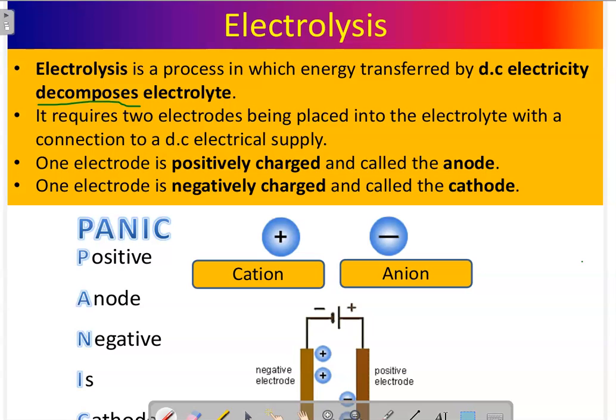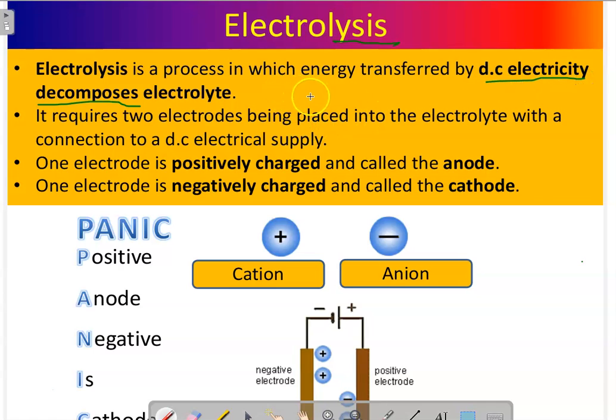Once they are molten or dissolved in water, remember we said they can carry electricity. So in electrolysis, what we are trying to do is to split the electrolyte into its constituent ions by passing electricity through it. The word lysis here is a Greek word which means to split.